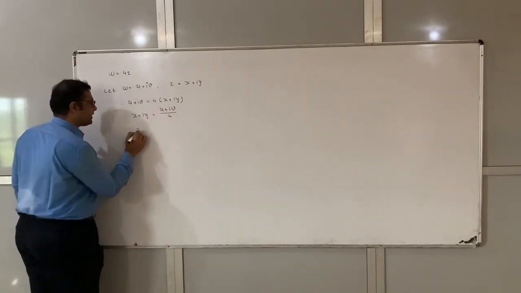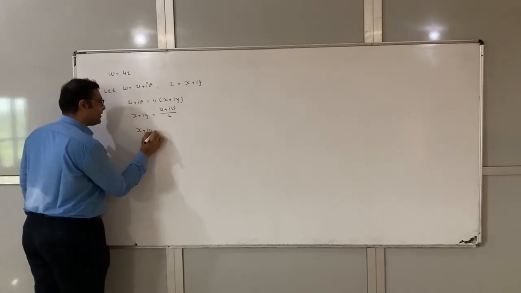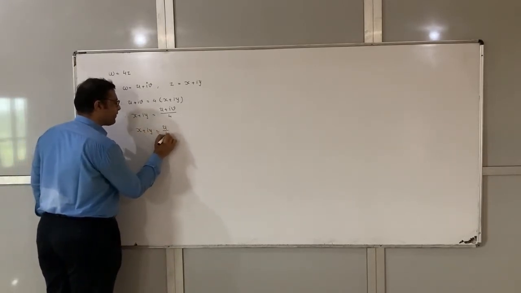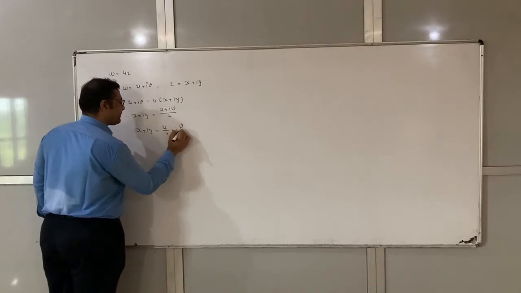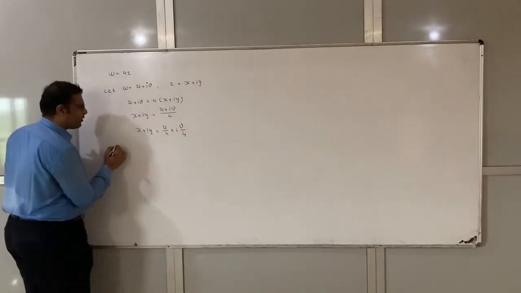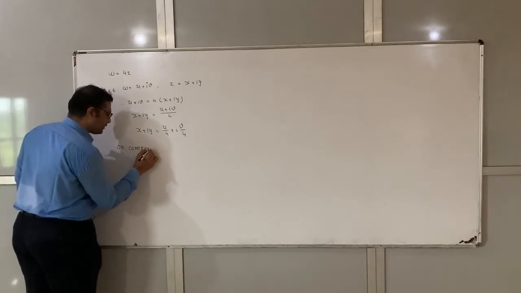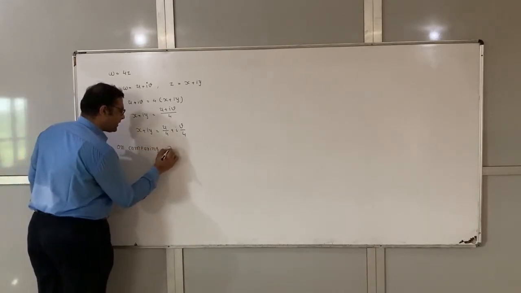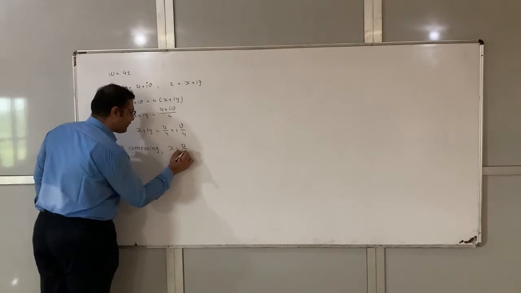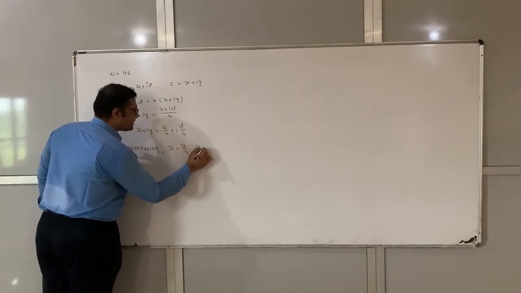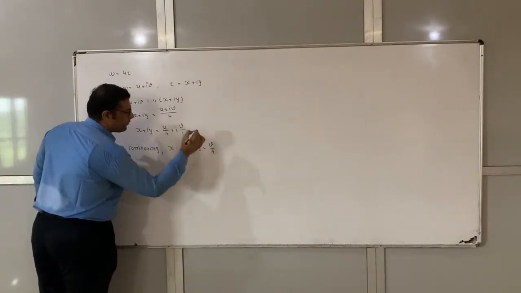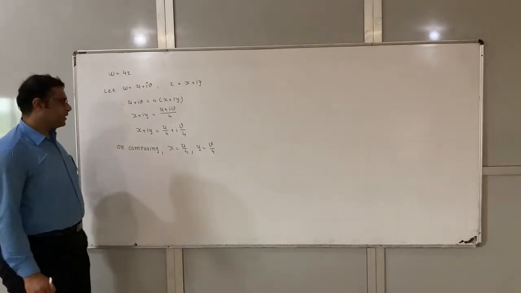So we can say that x plus iy is equal to u upon 4 plus i v upon 4. On comparing real and imaginary parts, you will get x is equal to u upon 4 and y is equal to v upon 4.